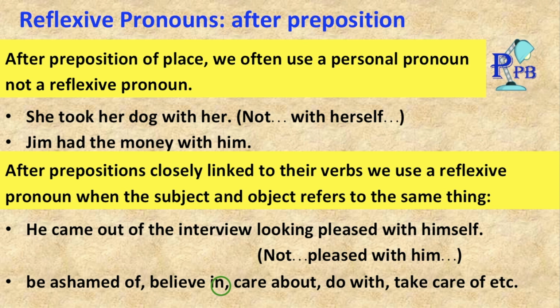So in that case we can use a reflexive pronoun instead of a personal pronoun. Take care of yourself. Here also after a preposition we can use a reflexive pronoun. Do it yourself, take care of yourself, etc. So in all those cases, we can use a reflexive pronoun after a preposition.